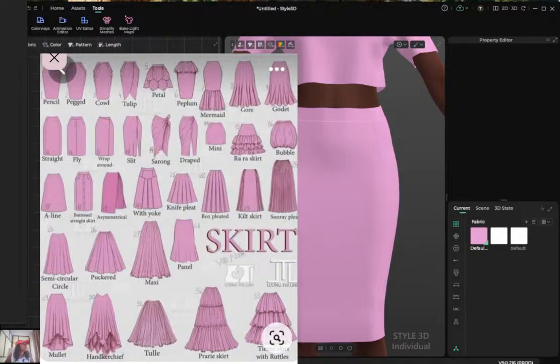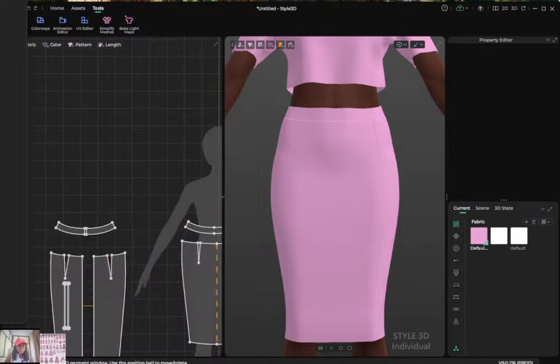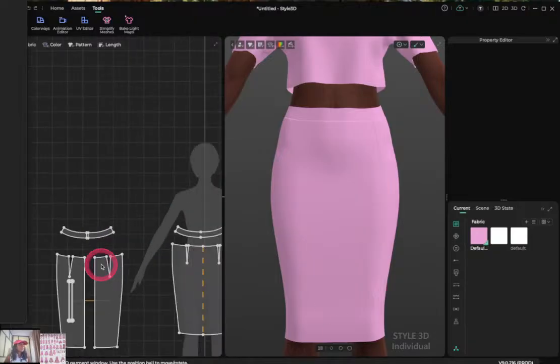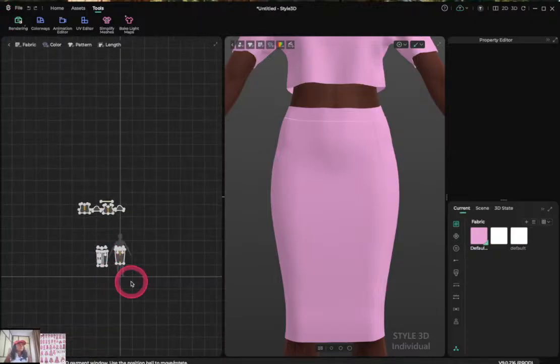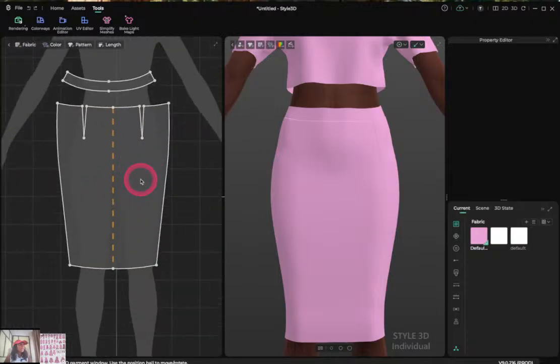Yeah, it has some sort of pleats, so let's do that one. So we are going to start to butcher this skirt.